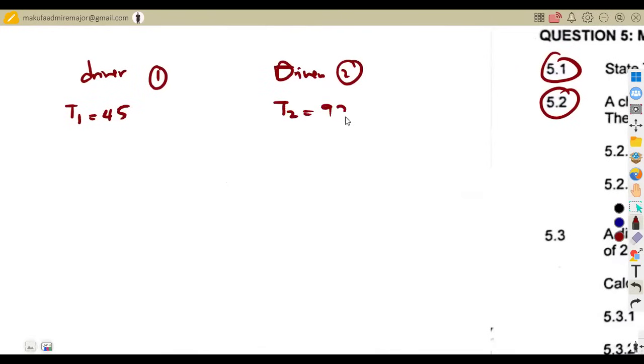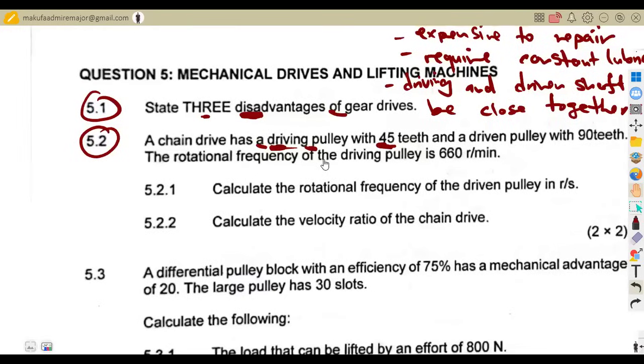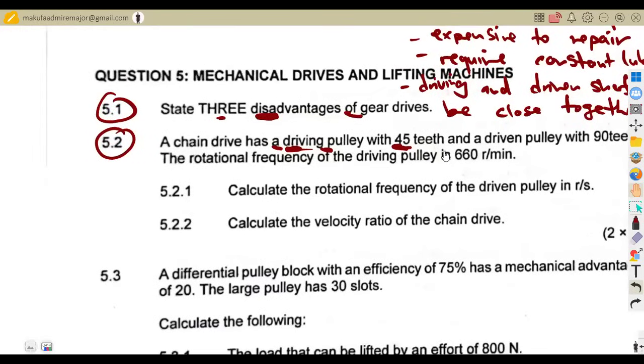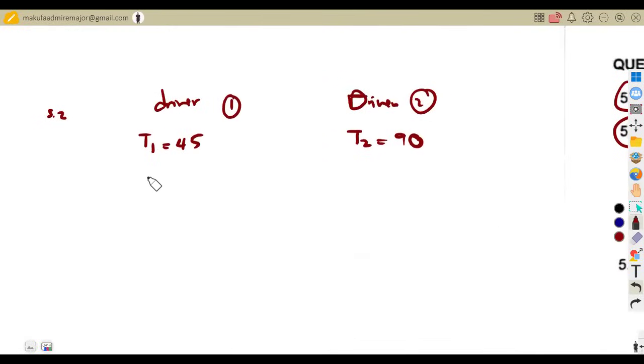The rotational frequency of the driving pulley, N1, is 660 revs per minute.